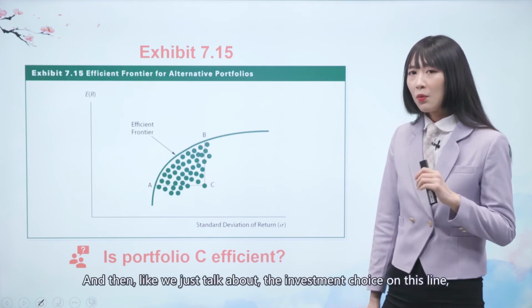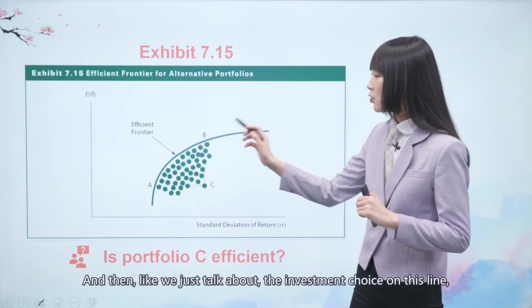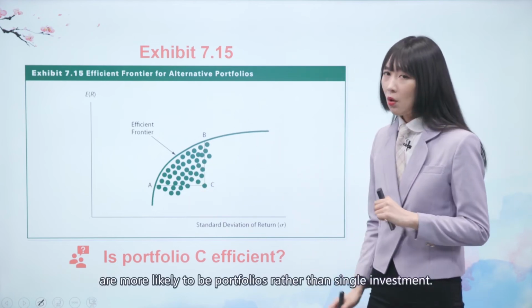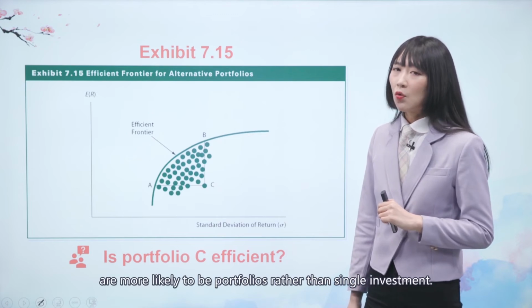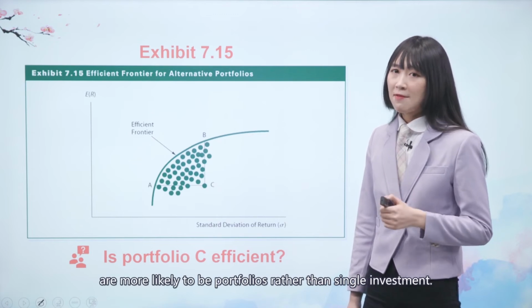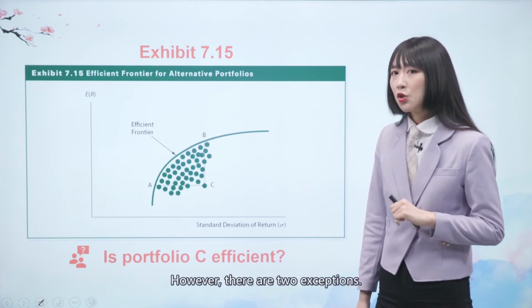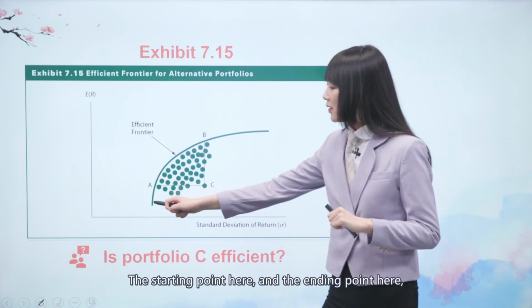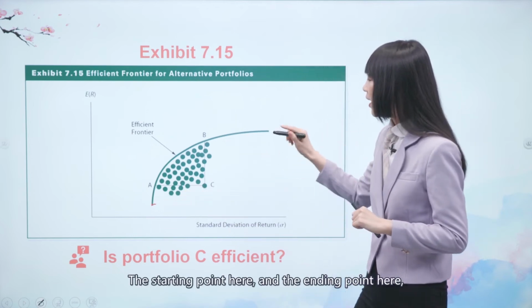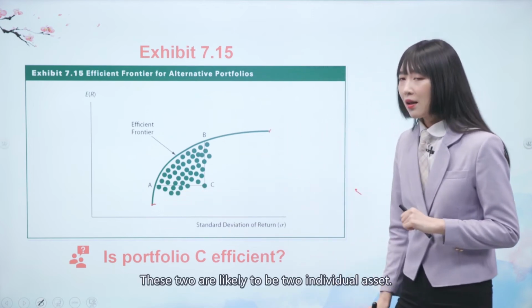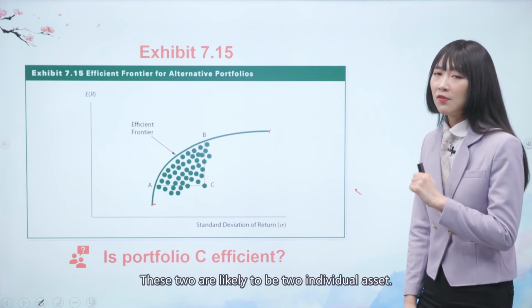And then, like we just talked about, the investment choices on this line are more likely to be portfolios rather than single investments. However, there are two exceptions: the starting point here and the ending point here. These two are likely to be two individual assets.